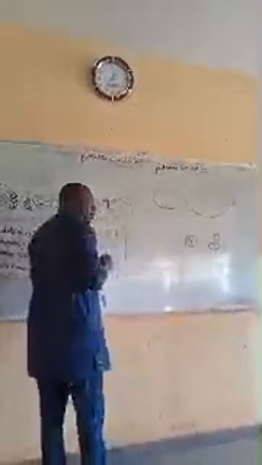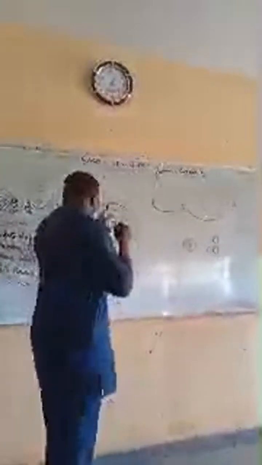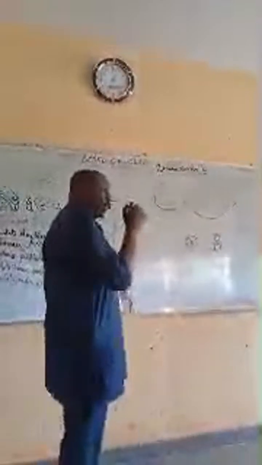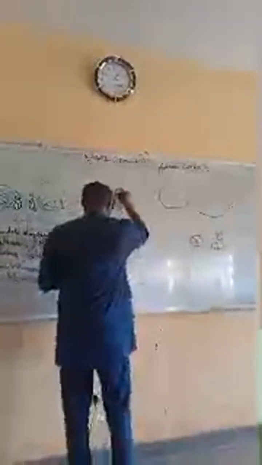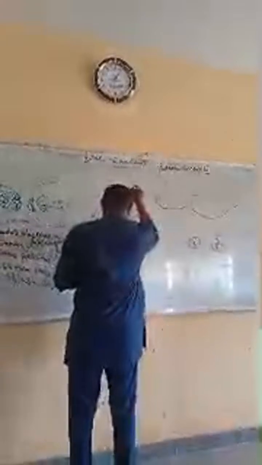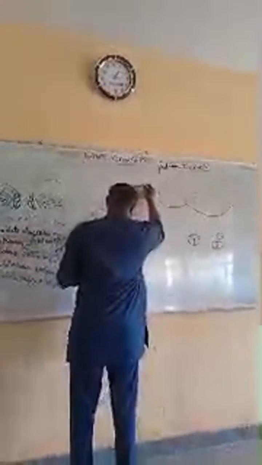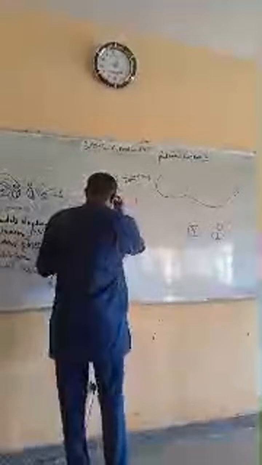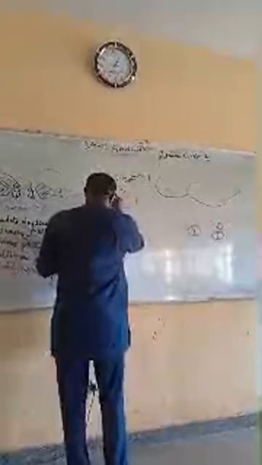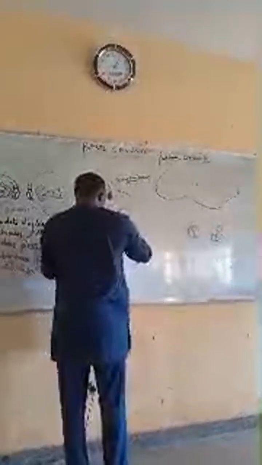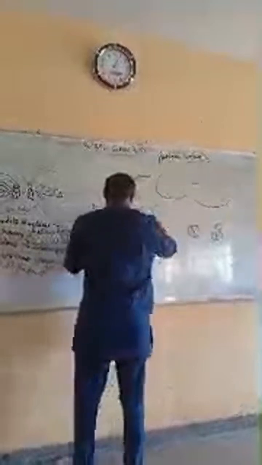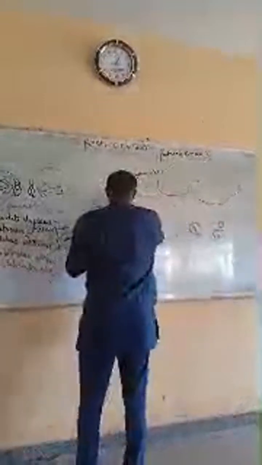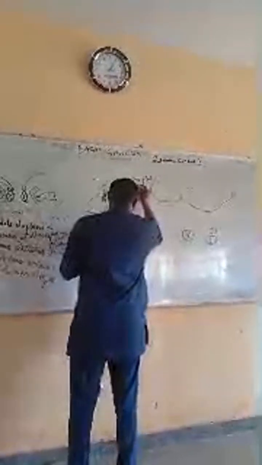The precentral gyrus, where in that area we have the primary motor cortex, area 4. And then we have another area, which is called the premotor area, premotor cortex, right?